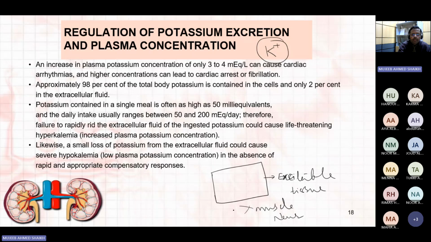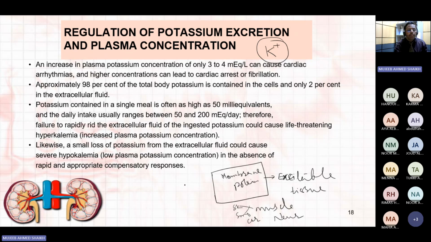Muscle could be skeletal, smooth, or cardiac. These are the excitable tissues, neuron or muscle. The electric or membrane potential is mainly decided by the potassium.